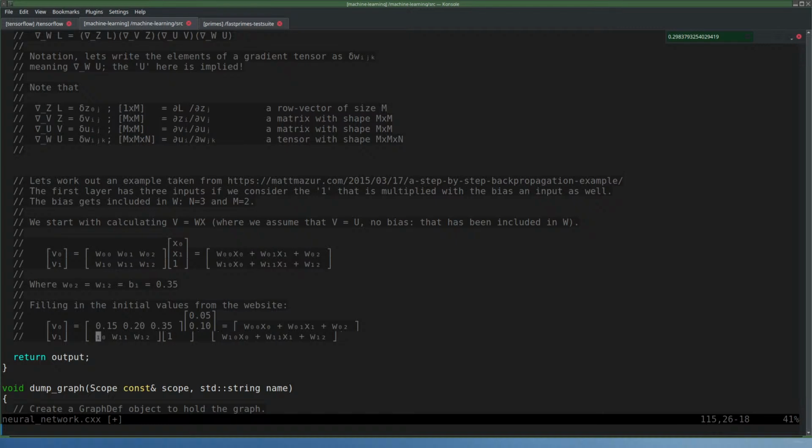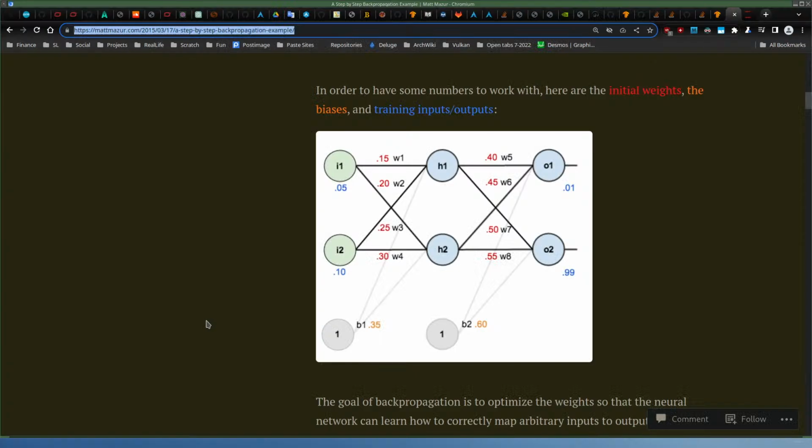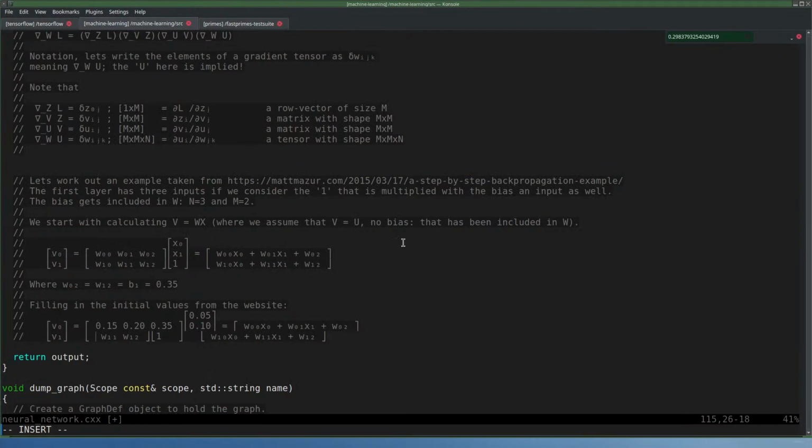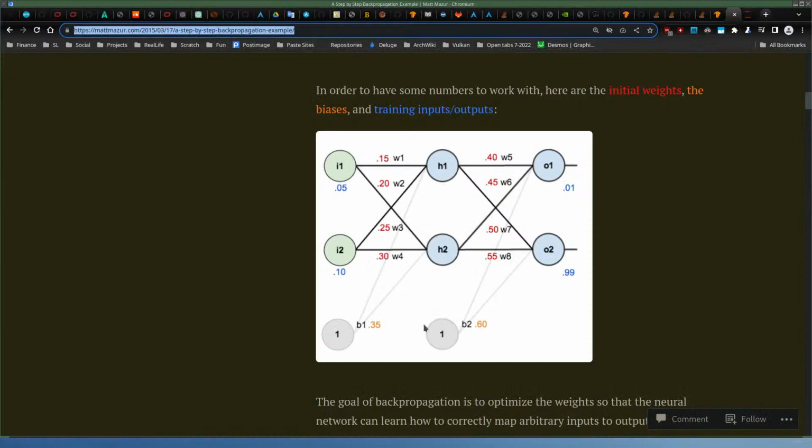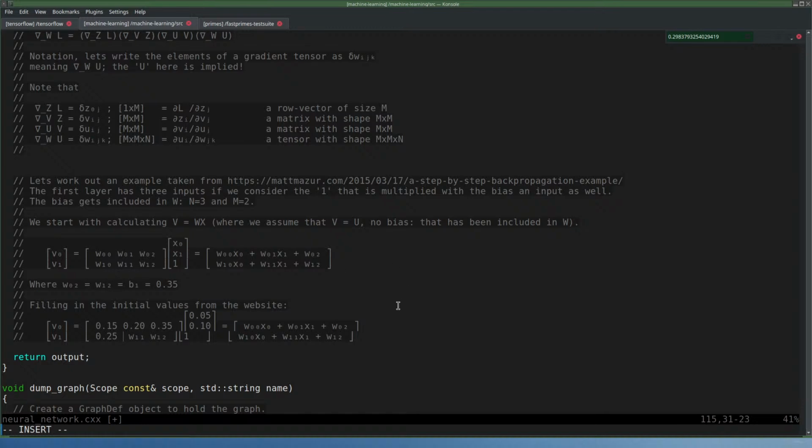And here we have the bottom contribution that is multiplied with 0.05. So that is this one, 0.25. That would be 0.30 then. And again the 0.35.